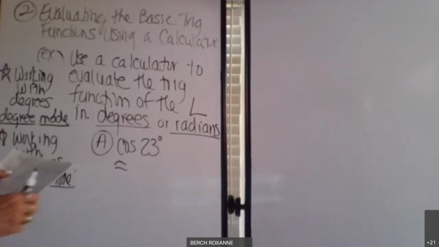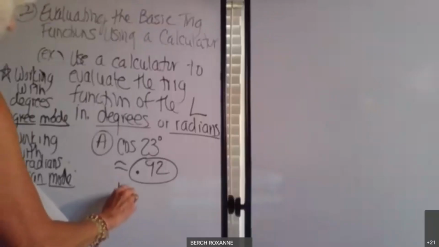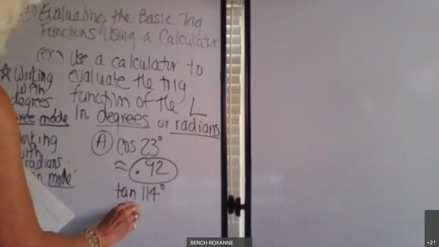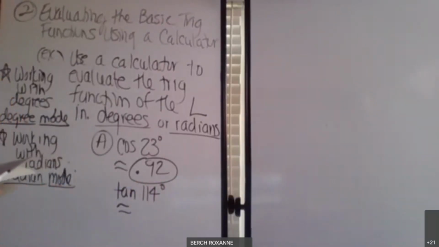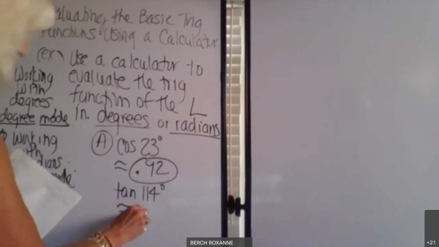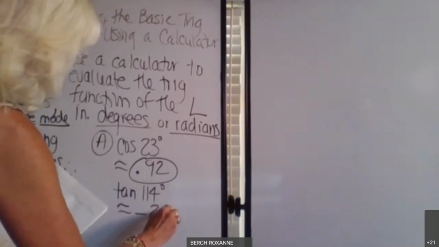I got 0.920504. It's about 0.92. What about tangent of 114 degrees? Got to make sure you're in degree mode. I got negative 2.246. It's about negative 2.25.